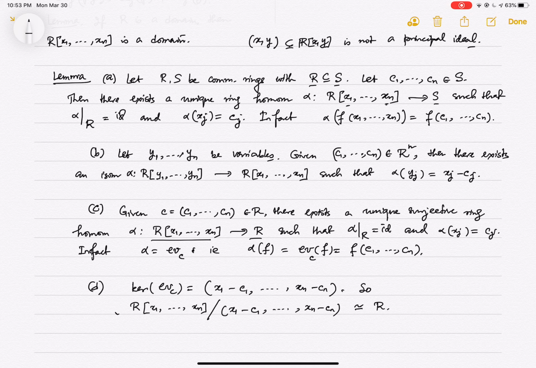And to prove this, you'll need part B. So the way I've written it, it looks long, but each step is easy. Okay? You prove A first, and B and C are special cases, and for D, you'll have to use B. That's all I'll say for now.